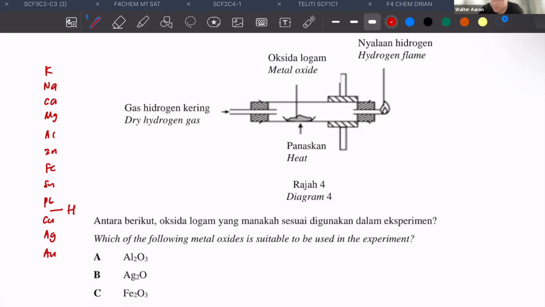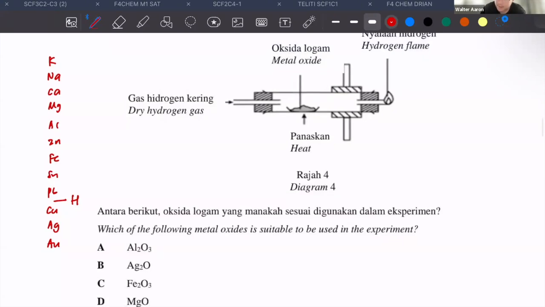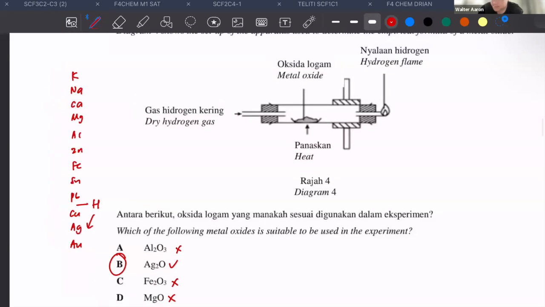Among the list in A, B, C, D, aluminum oxide is not possible. Silver oxide is possible because silver is lower than hydrogen. Iron is above hydrogen, so cannot. Magnesium is above hydrogen, so cannot. So the only possible answer is silver oxide, B.